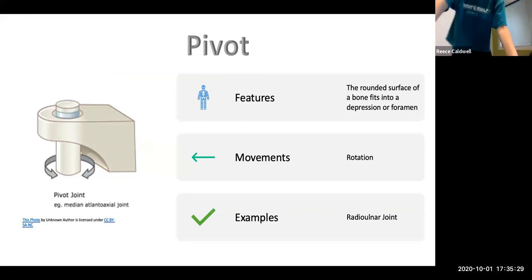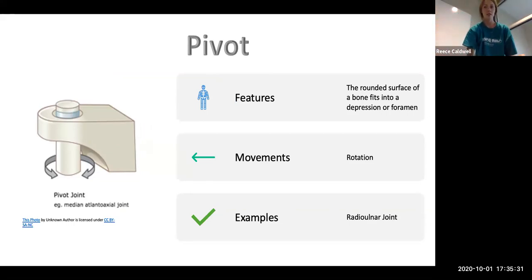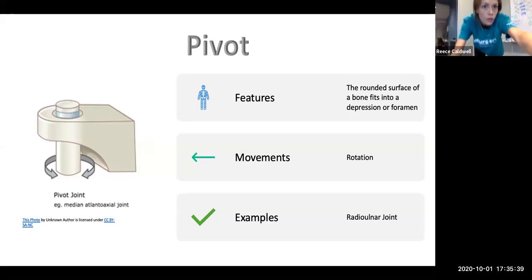And why it is a pivot joint is because as one bone stays still, the other moves around it. If you've ever watched basketball or been a dancer, you probably know that whenever someone pivots, they're leaving one leg planted while the other leg shifts around it. So in basketball, one leg is planted while the other one moves around it.